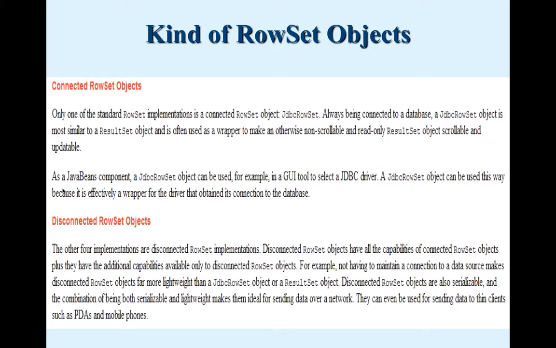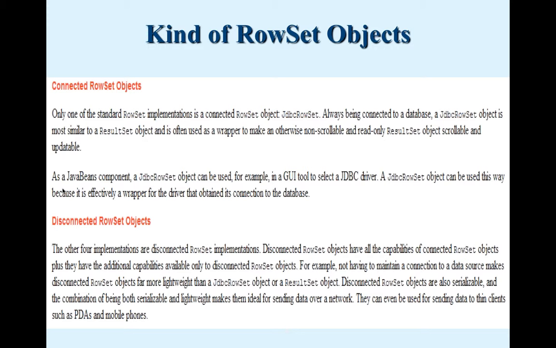So, kinds of row set objects. Connected row set objects. Only one of the standard row set implementations is a connected row set object, the JDBC row set. So among the four things that we are going to look at, the JDBC row set is the only one that is always connected. Always being connected to the database, a JDBC row set object is most similar to a result set object, and is often used as a wrapper to make an otherwise non-scrollable and read-only result set object scrollable and updatable.